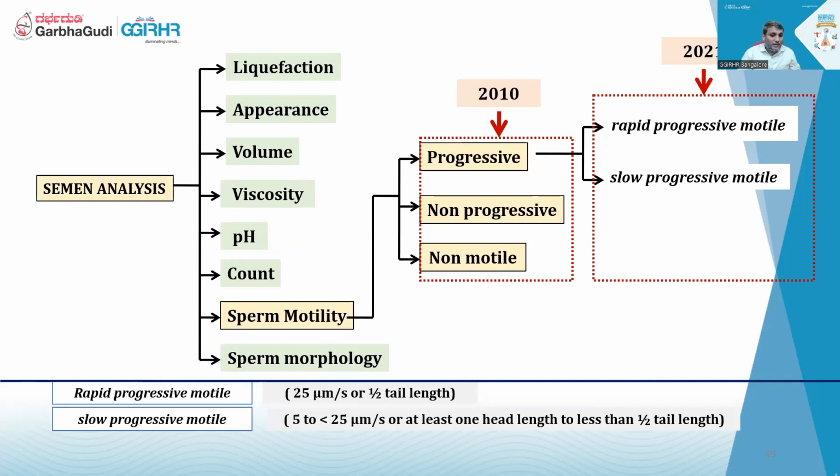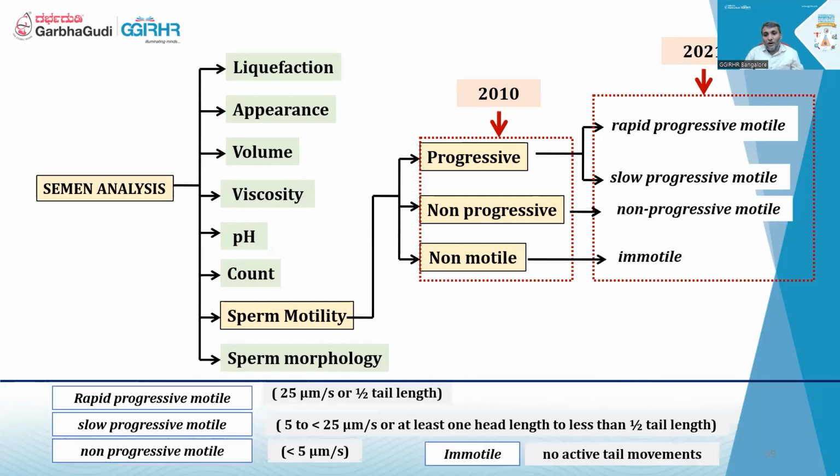Slow progressive means 5 to 25 micron per second. Non-progressive means less than 5 micron per second. Immotile means there is no movement at all, only some tail twitching.